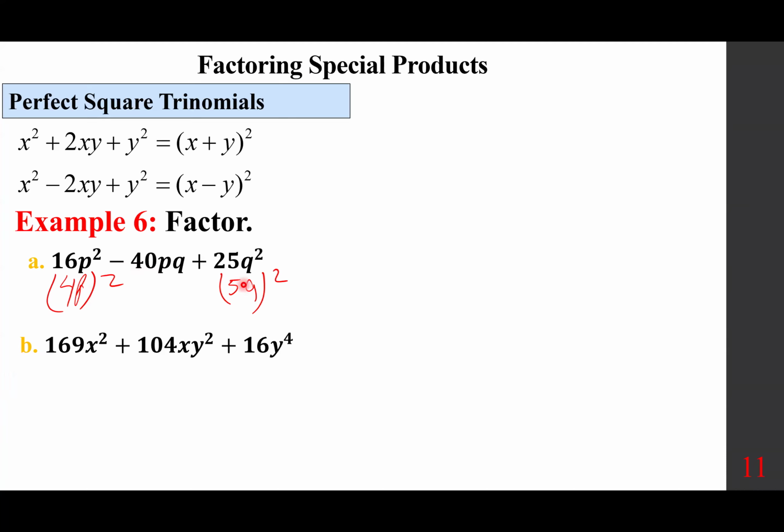If you multiply these two, you get 20PQ, times 2, you get 40PQ. That means negative, of course. So it's 4P squared minus 2 times 4P times 5Q plus 5Q squared. And therefore, the answer is just like this one: 4P minus 5Q quantity squared. So it's very straightforward, everybody.